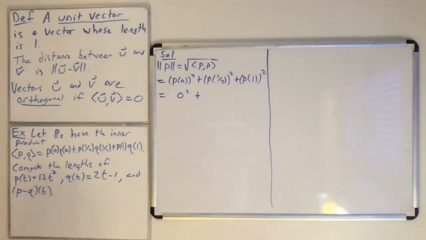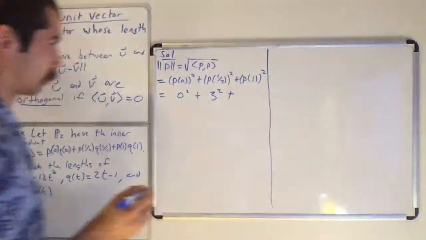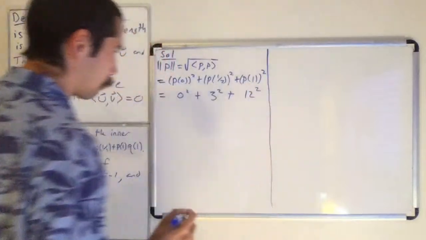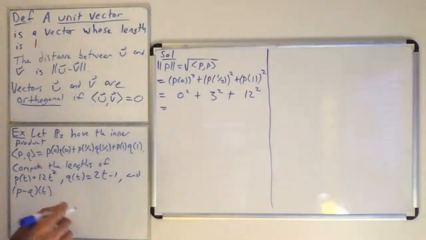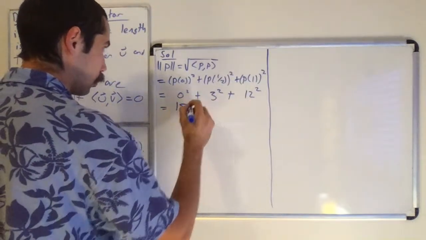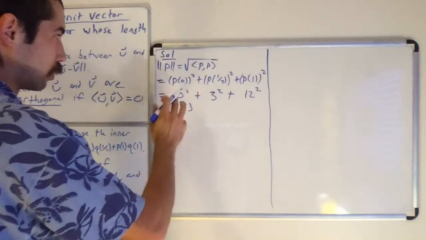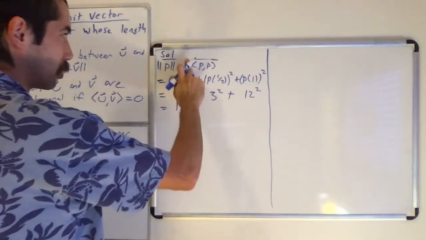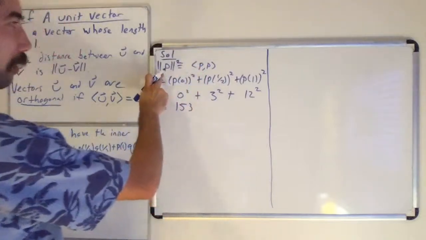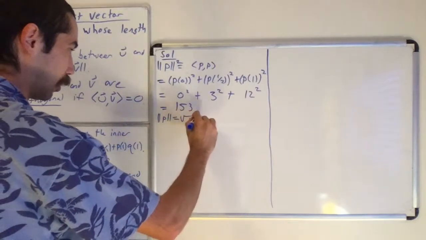P of 1/2 is 3. And P of 1 is 12. So 0 plus 9 plus 144 is 153. And I guess we should be taking the square root of all of this. So let's correct this. And so if the magnitude squared is 153, the magnitude of P is the square root of 153.